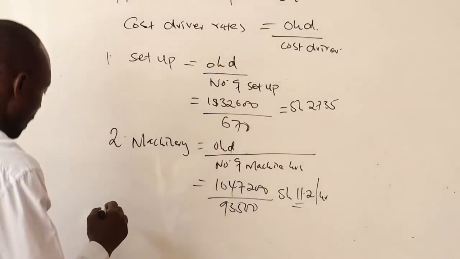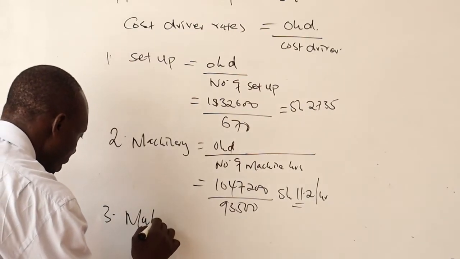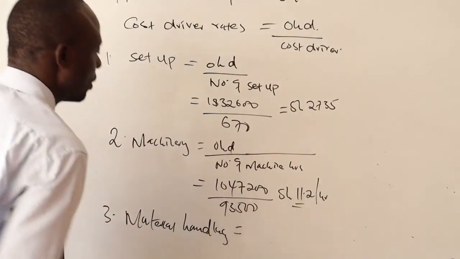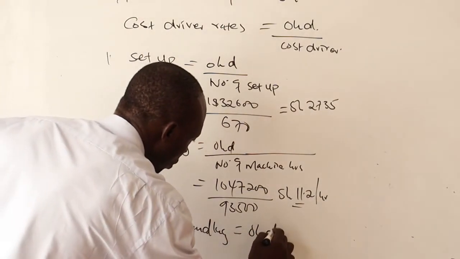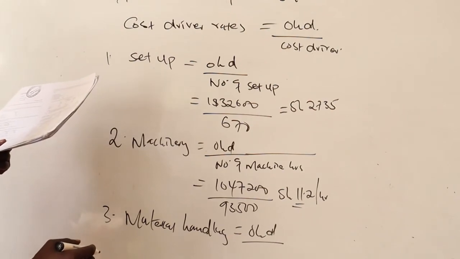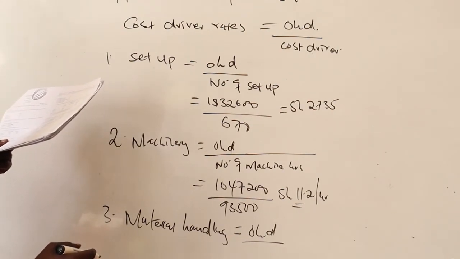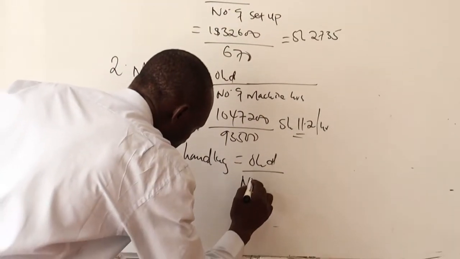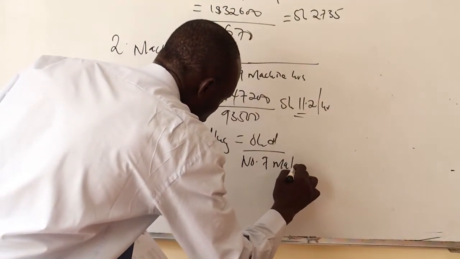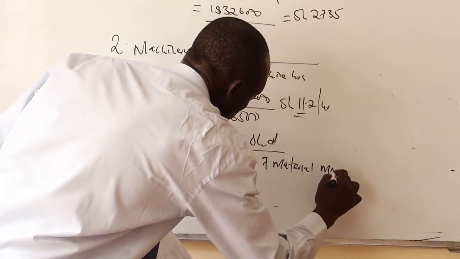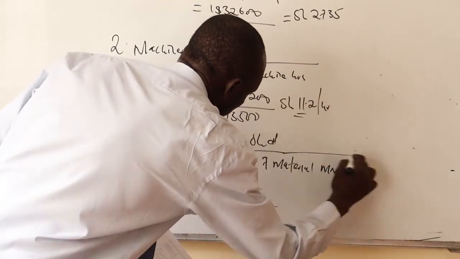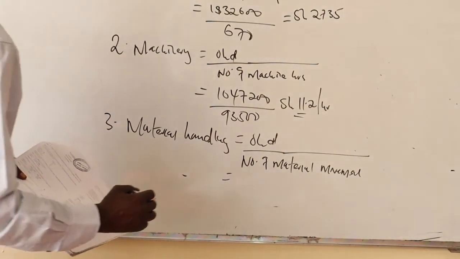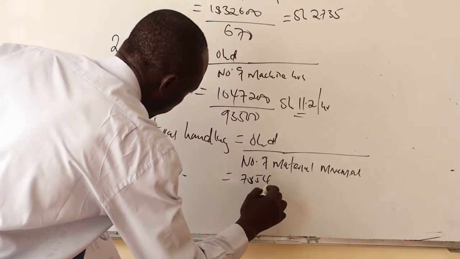And then number 3 is material handling. Material handling is going to be overhead over the number of material movements. The overhead has already been determined, which is 785,400.